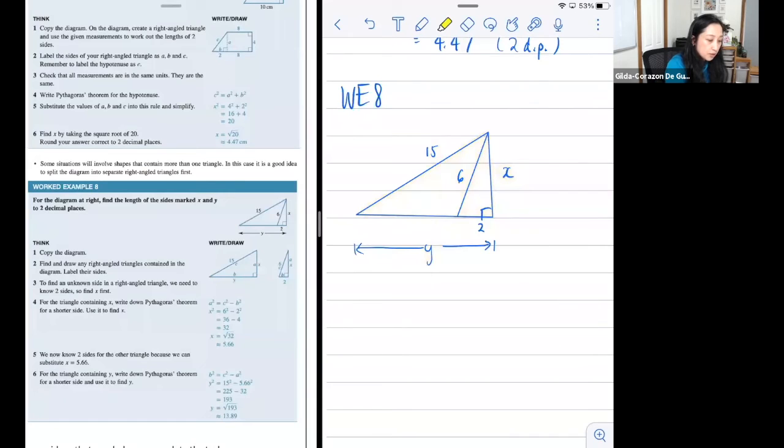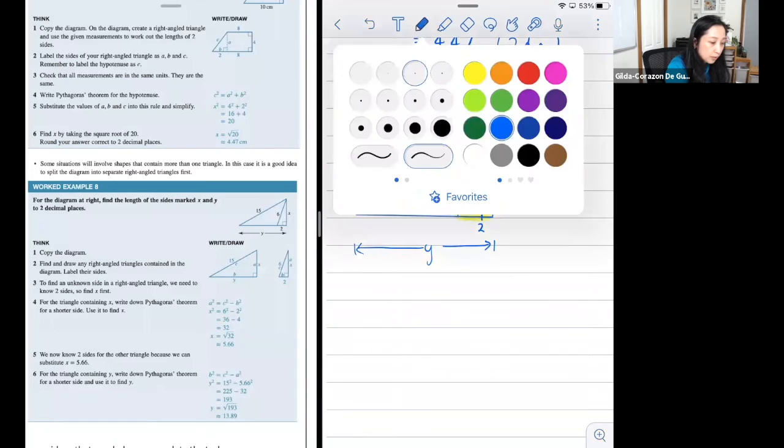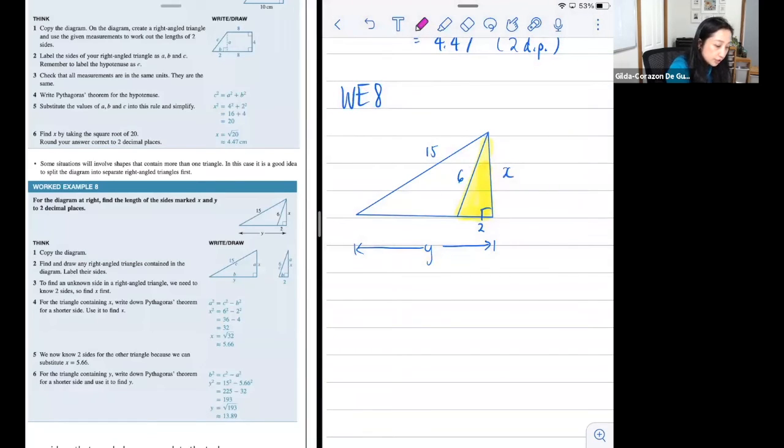So the way we'll be able to do it is if we look at the inside triangle, we would actually have a triangle wherein you've got 2 sides that are known, which would be 6 as our hypotenuse because that's opposite the right angle, and this as 2, right? And this is our missing side, which is x, yeah?